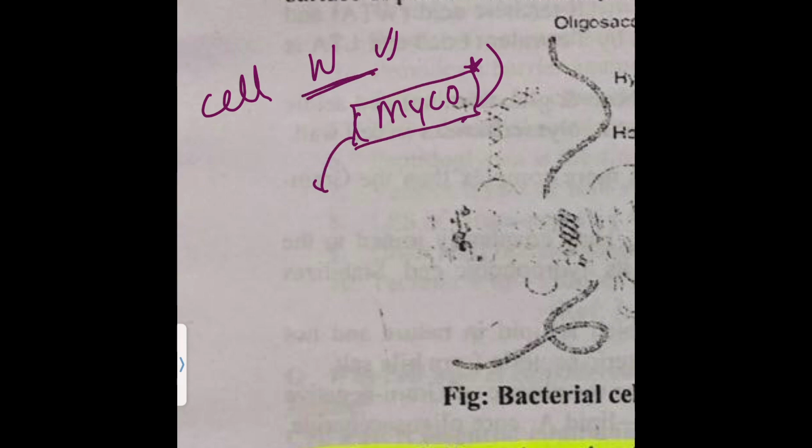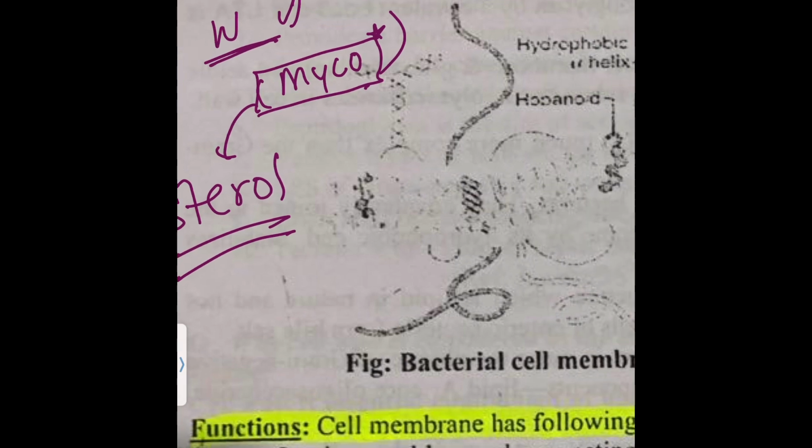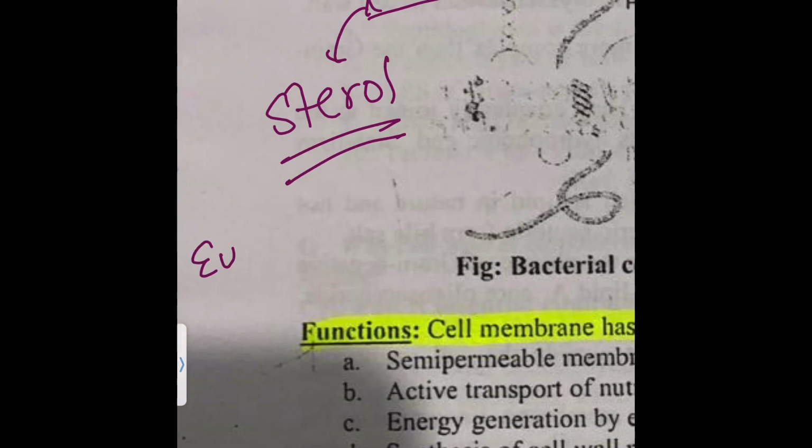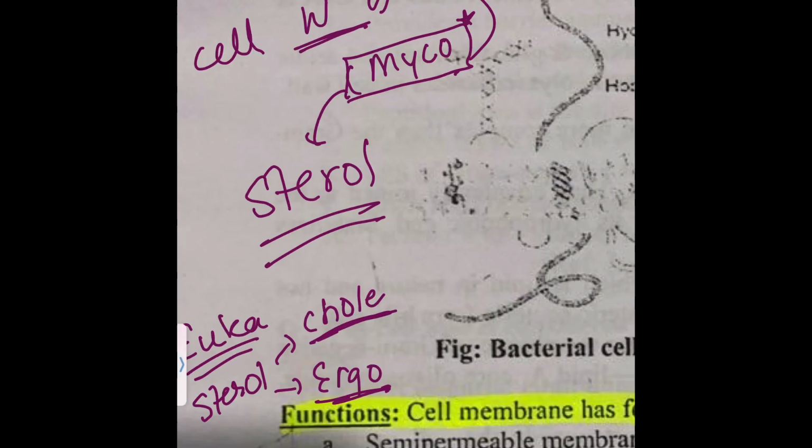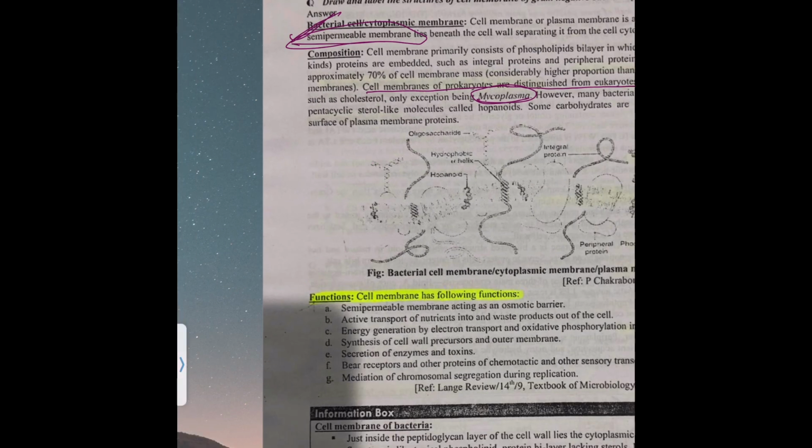Since it does not have a cell wall, it has sterol so as to compensate. But in case of eukaryotes, that is humans or fungus, we always have sterols. Humans have cholesterol, and fungi have ergosterol. Bacteria don't have sterols. Only exception is mycoplasma, which has sterols.